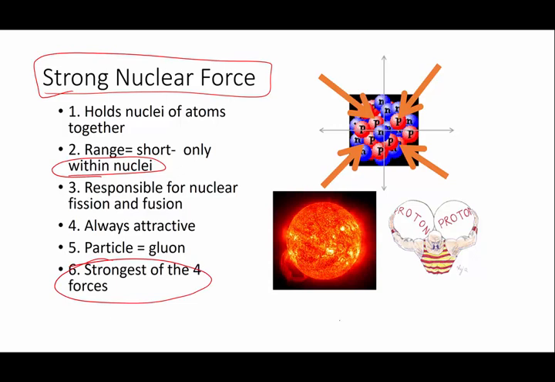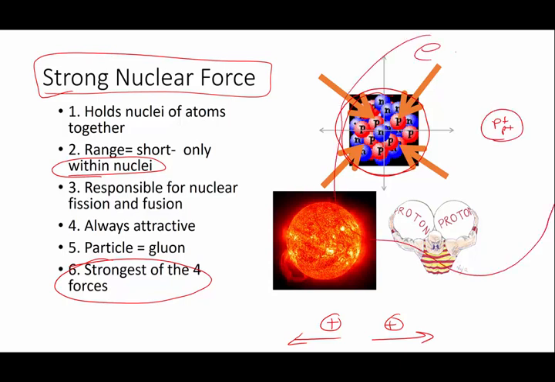We talked in the last slide about the fact that like charges repel. If you have two positive charges, they're going to repel each other. Well, 100 years ago or so, people started looking at this and they went, so how the heck does the nucleus of an atom hang together? In an atom, you've got lots and lots of little protons shoved together in the nucleus with electrons whirligigging around the outside.